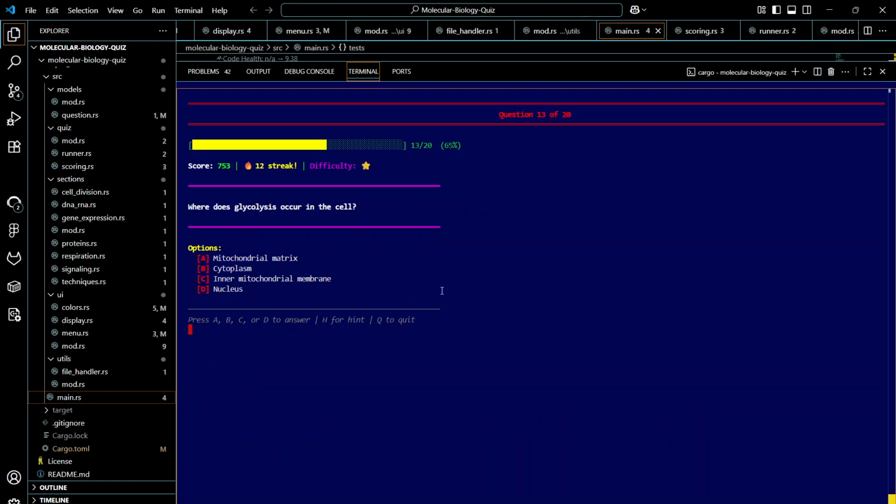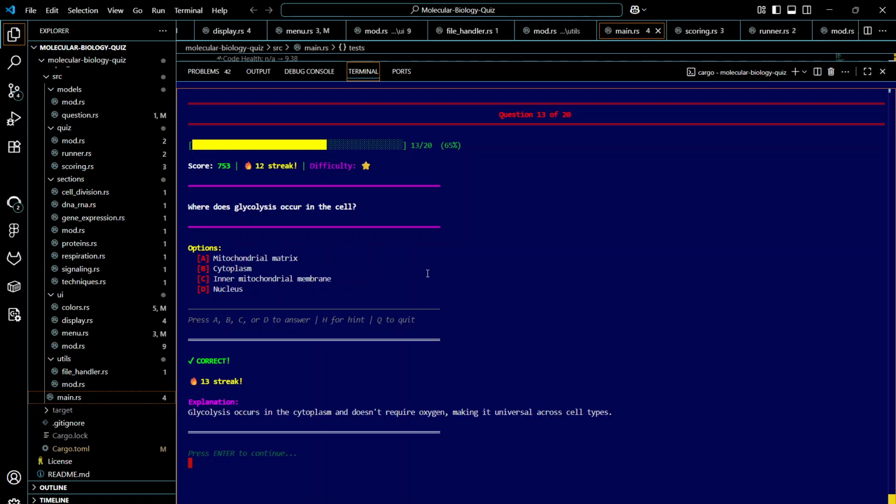Next. Where does glycolysis occur in the cell? This one is so easy, but I always get confused. I want to say it's mitochondrial matrix or the cytoplasm. Why can't I remember this? I'm going to go with C. I think, yeah, right.